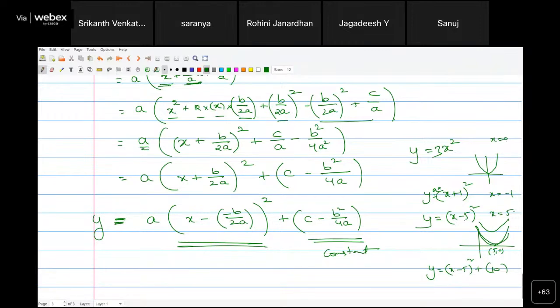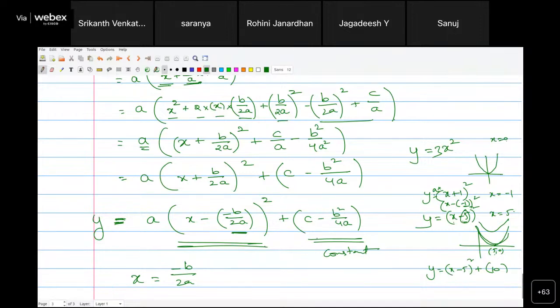So you see this x minus of 5 instead of 5, even this is also x minus of minus 1. So instead of this minus 1, 5, 0, now we have minus b by 2a. So the axis of symmetry will be minus b by 2a from here.